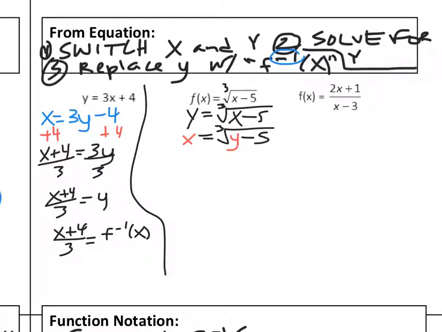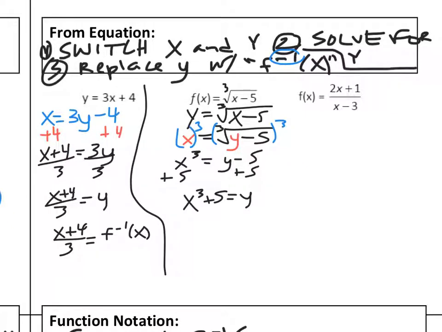We can tell that I haven't had my tea today. Okay, cube both sides. x cubed equals y minus 5, and then add 5 to both sides. So x cubed plus 5 equals y, and replace y with our function notation, f inverse of x.